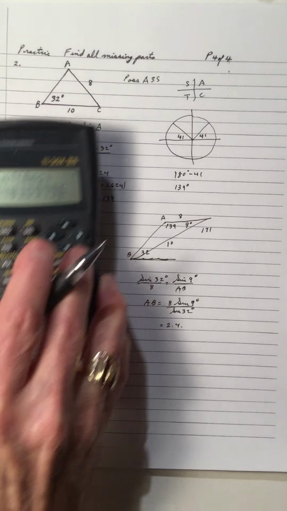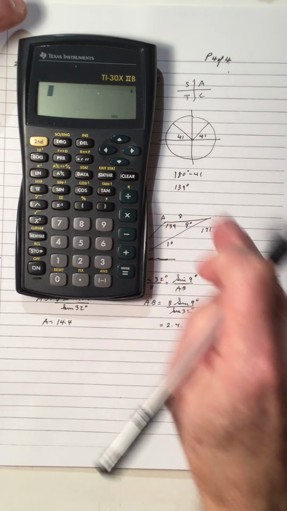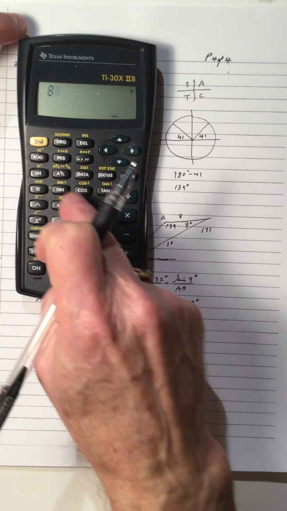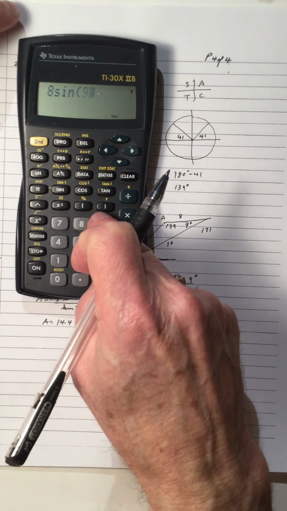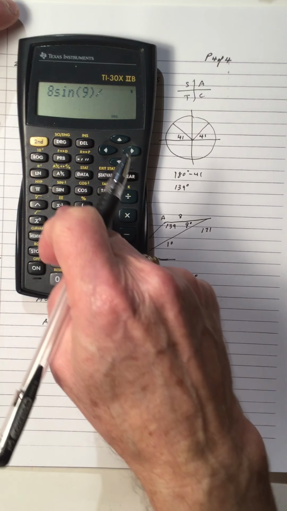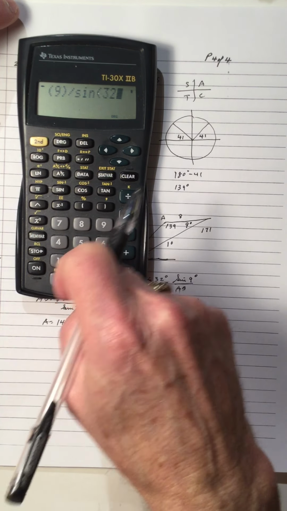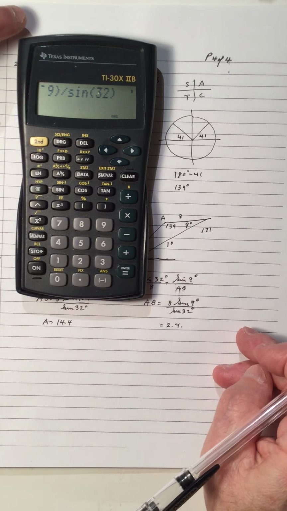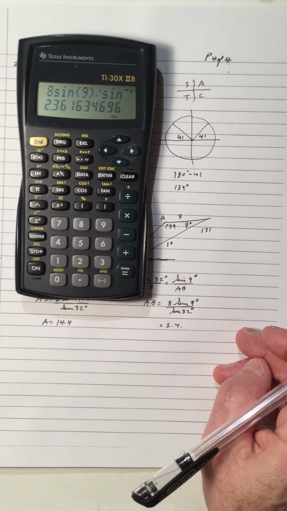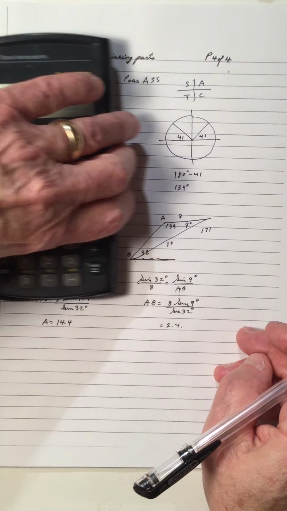Let's just make sure on that now. 8 sine 9 division sine 32, and we get 2.36, so it's 2.4.